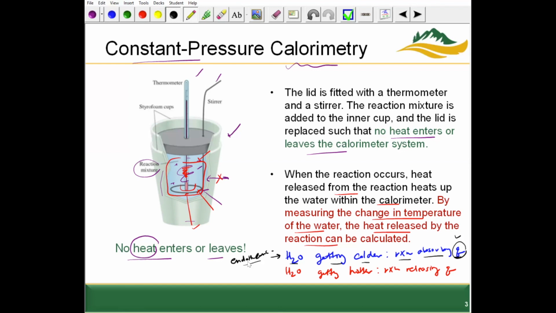An endothermic process absorbs heat throughout the reaction, and we could tell that by the water getting colder. If the water is getting hotter, that means the reaction itself is releasing some heat into the water. What kind of reaction releases heat? This kind of process is an exothermic process.